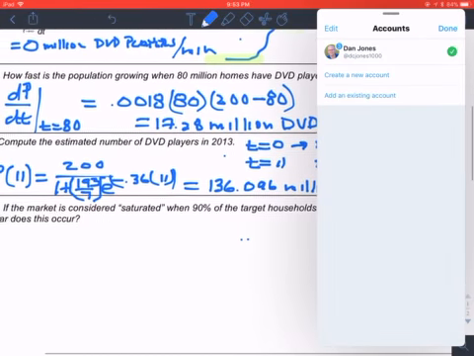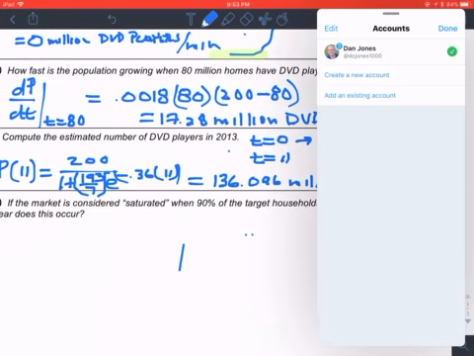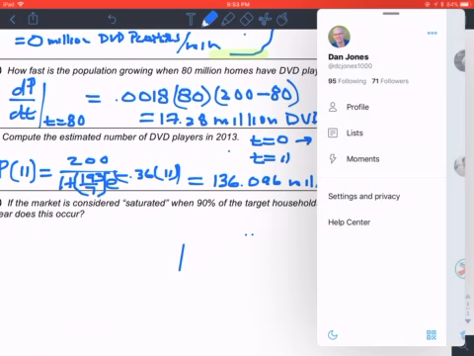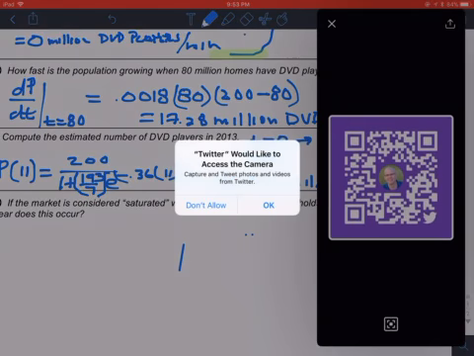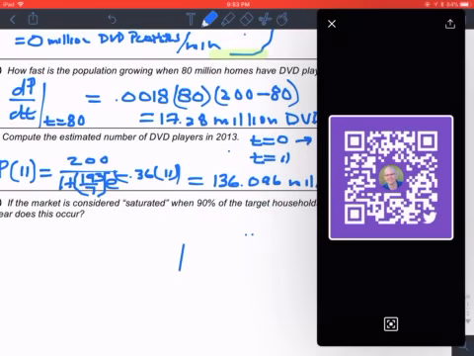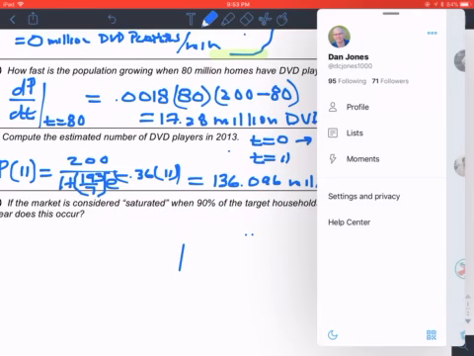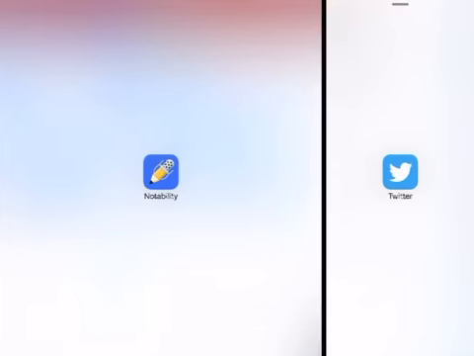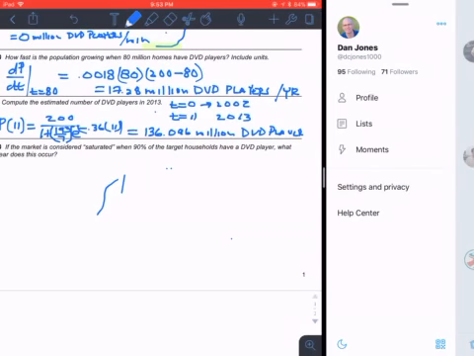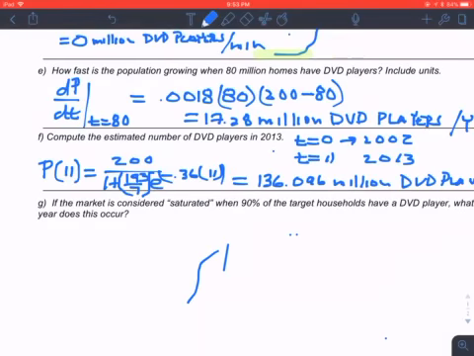I don't know why this isn't going away. No, don't allow. Alright, let's look at the last one. It's not going away. Not while I'm on this one. Alright, I just got my split screen, that's all. There we go. Now let's get back to this.